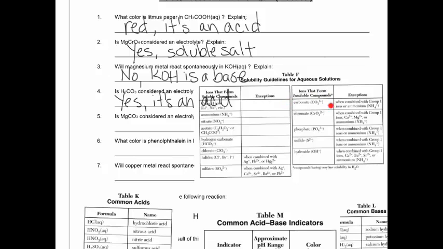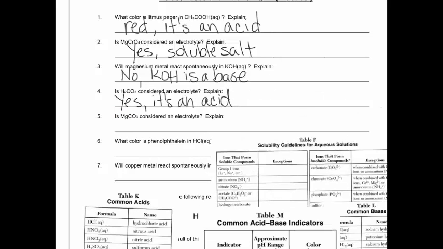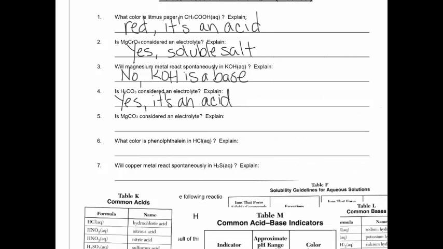Here's CO3, or carbonate. And it is usually insoluble, except when combined with a group 1 or ammonium. Magnesium, if you look in the periodic table, is a group 2. So that is not an exception, so it will not dissolve. So I'm going to say no, and to justify that, I'm going to say it's not soluble.